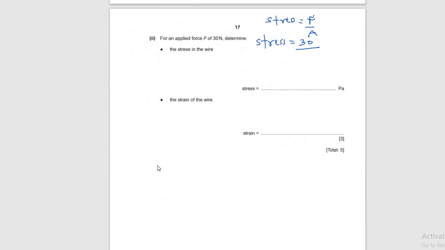To convert millimeter square to meter square, multiply by 10⁻⁶. Input these numbers in your calculator, and it's going to give us 3.2 times 10⁷ Pascal. Stress is measured in Pascal, Newton per meter square.